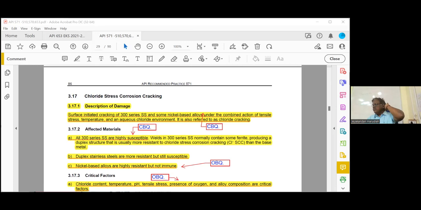Okay. Now, I told you this three combination is generally not advisable: austenitic stainless steel, chlorine, temperature more than 140. These three when combined will promote a cracking that is called chloride stress corrosion cracking. So the second important point is chloride stress corrosion cracking will happen only when the temperature is more than 140. So we need a 300 series stainless steel, temperature more than 140 and chlorine.